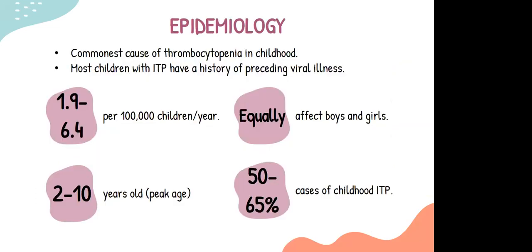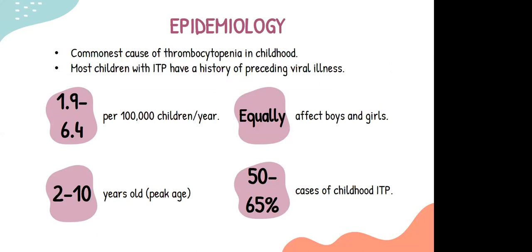So this is the epidemiology. ITP is the commonest cause of thrombocytopenia in childhood. The majority of children with ITP will have a history of preceding viral illness, and 1.9 to 6.4 per 100,000 children per year were reported with ITP cases.